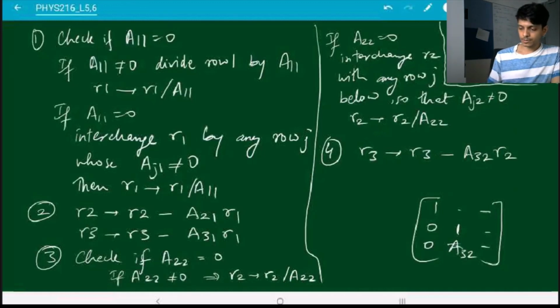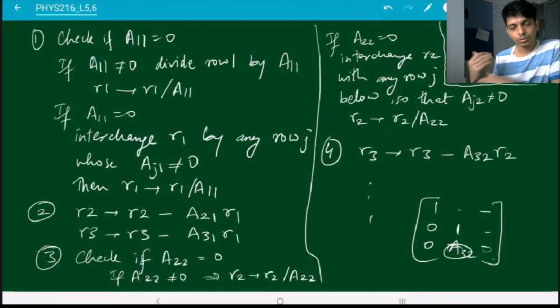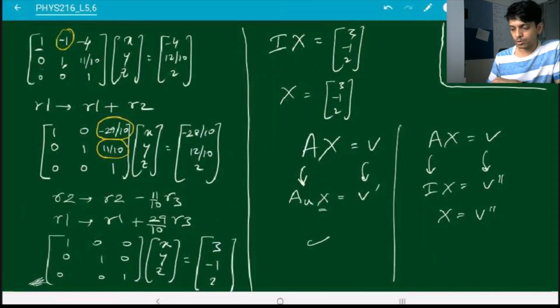That will turn this one into a 0. And you keep going on like that. Similarly, you do the third one. Of course, this is for a 3 cross 3. In general, you have a bigger n cross n matrix. You keep doing this procedure n times, one for each row. That way you will have ensured that you have reached either an upper triangular matrix or a diagonal identity matrix, as the case may be, depending on which method you want to use.